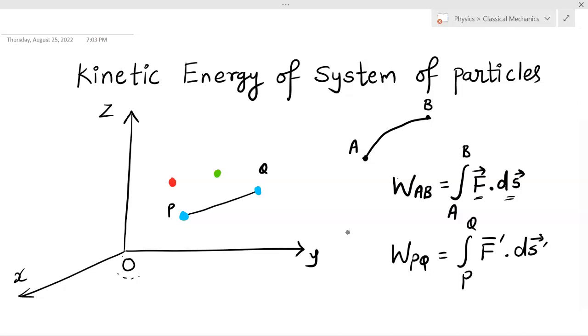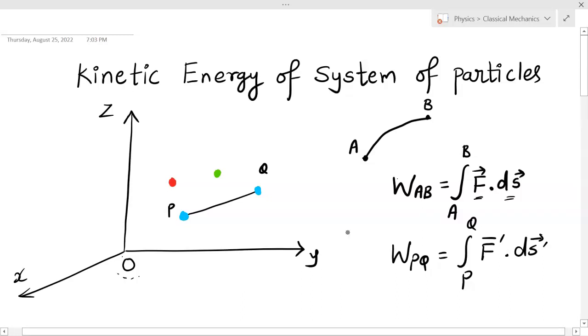Now if I take this whole system all together to the new position, I will change this configuration. I will take this whole system of particles to the newer position, and not all the positions will be displaced by the same displacement vector.